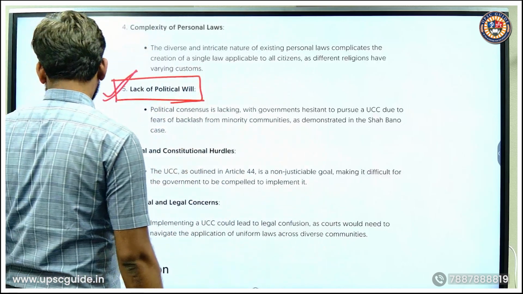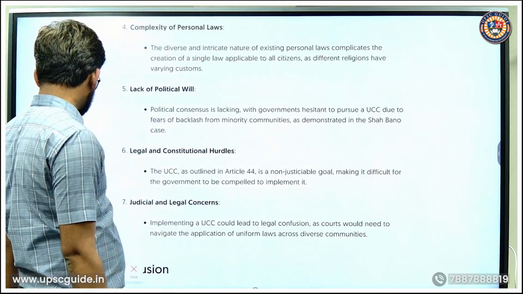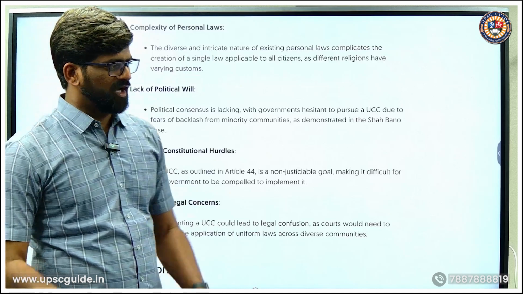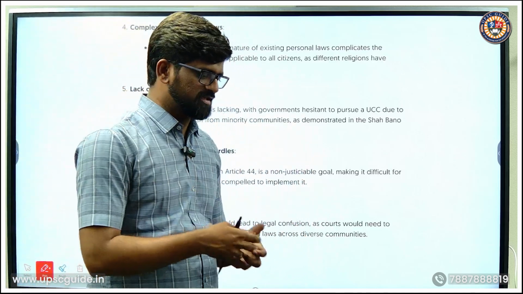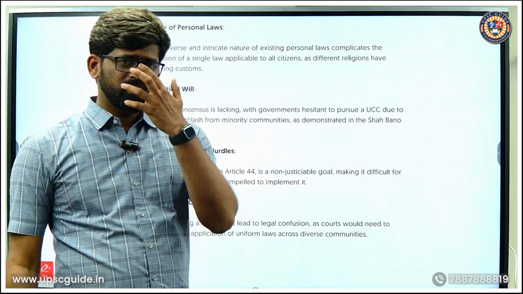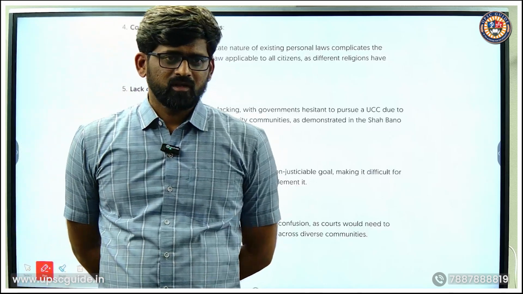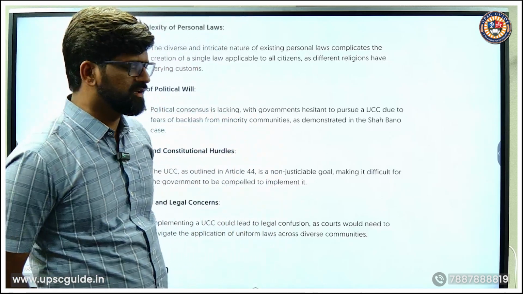Okay, next are legal and constitutional hurdles. As we know, in India almost every legislative or executive decision is challenged in the Supreme Court.